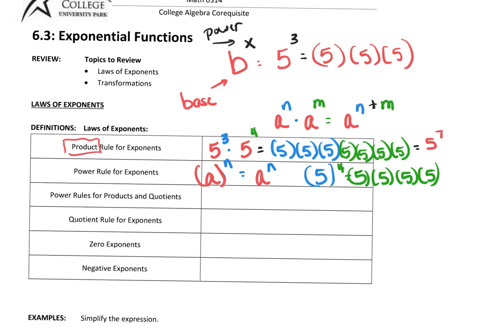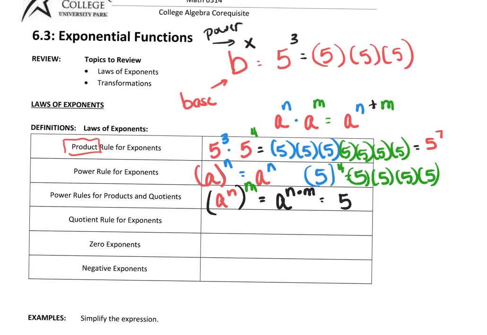Now, the power rule for products and quotients. So the power rule says this. If I have something like a to the n raised to the m power, then this is just equal to a to the n times m.